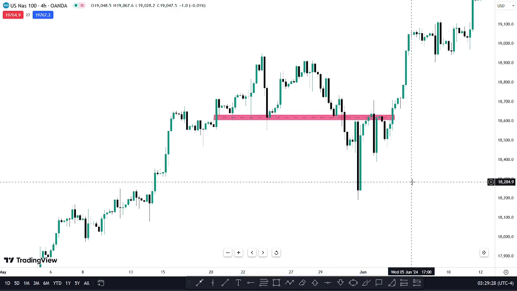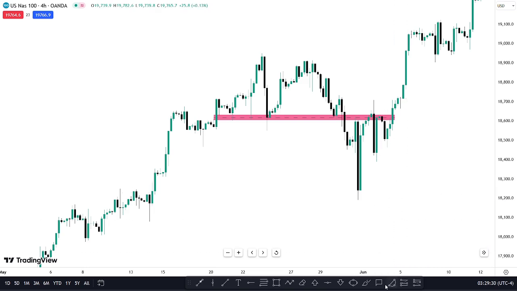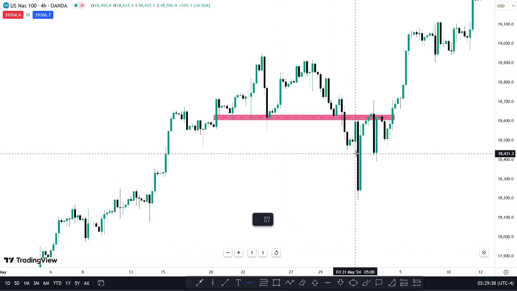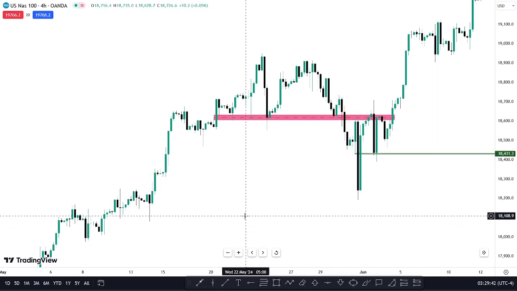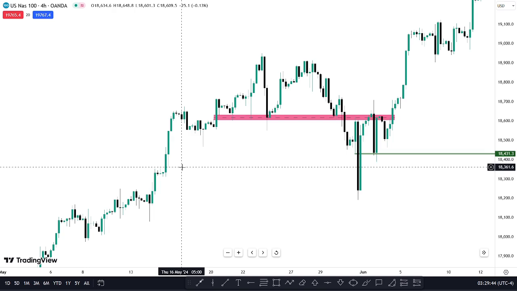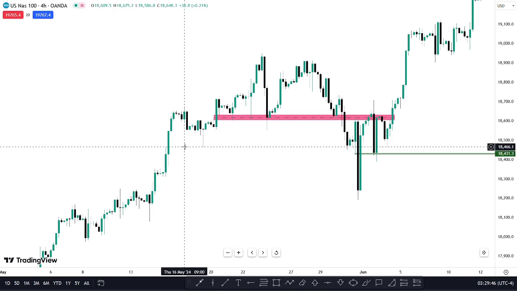What is going to be your closest low hanging fruit? This being your closest hanging fruit, the previous candle. Plus, you have this fair value gap right here.